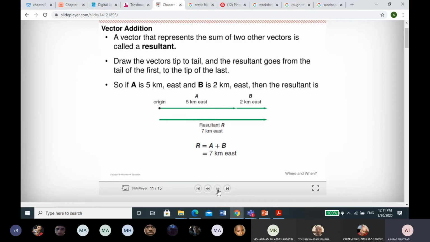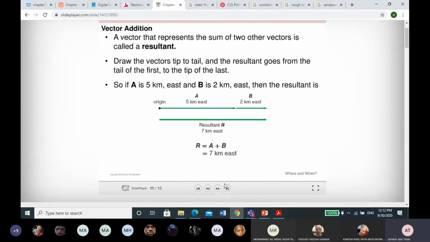So vector addition now. How can I add vectors? Sometimes vectors will be in opposite directions. So what shall I do if I have two vectors having opposite directions? When two vectors have opposite directions, instead of adding them, I will subtract them.